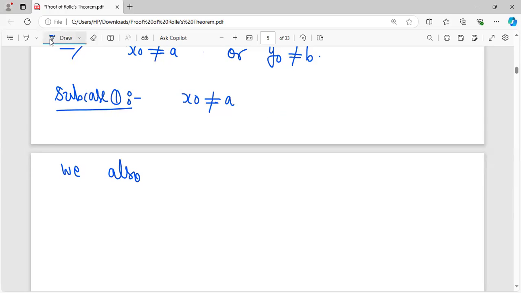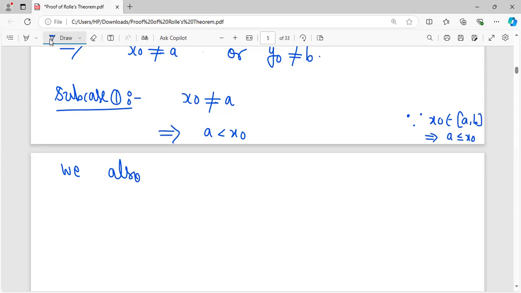This implies a is less than x naught, because x naught is a point in the closed interval [a, b]. So it is not equal to a, because x naught belongs to the closed interval [a, b]. It satisfies this condition, but it is not equal to a. It means this case will happen.